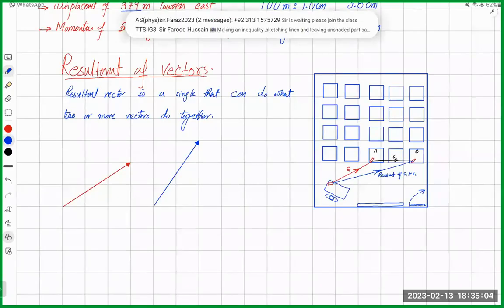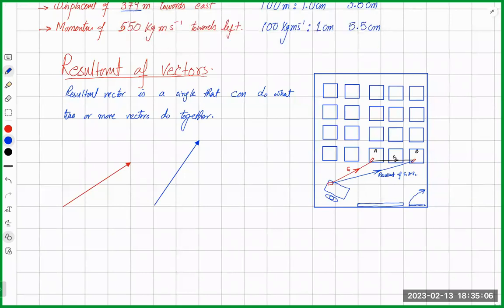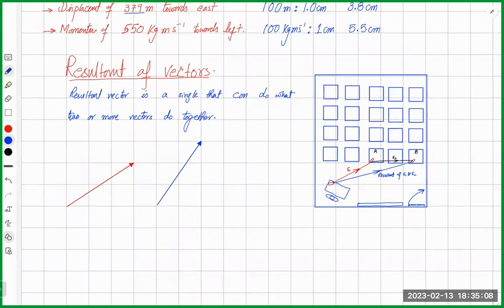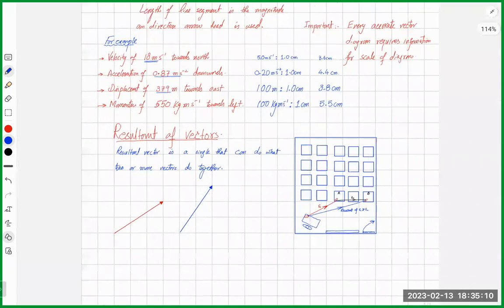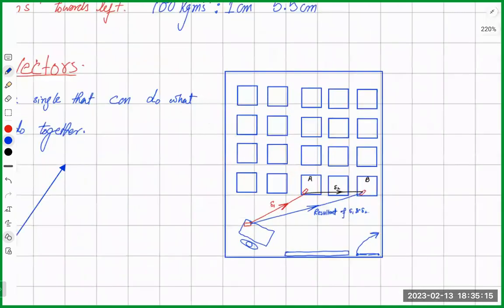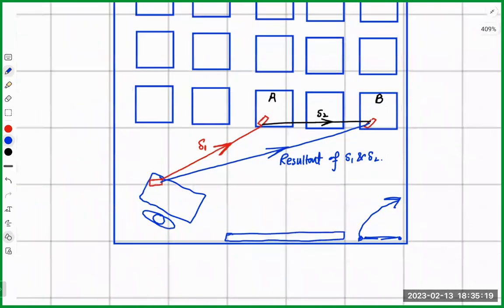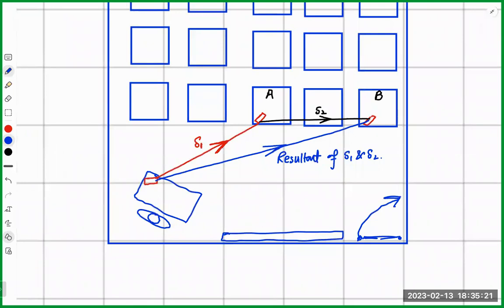Okay, in the last class, we discussed how we represent vectors, and then in a bird's eye view discussed how to find the resultant of vectors. So if one vector can do one thing and the second vector can do another thing, the resultant of the vectors will be one vector that can do what the other vectors are doing together.